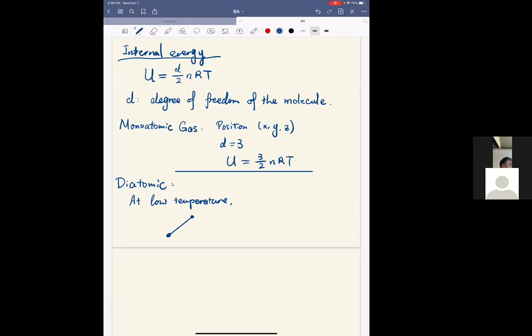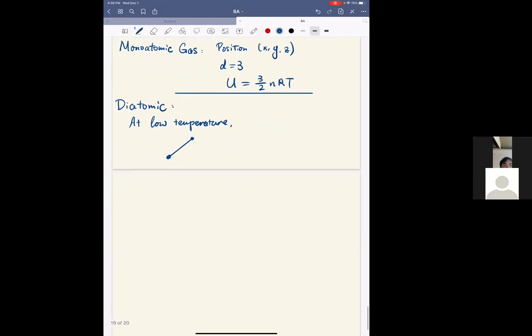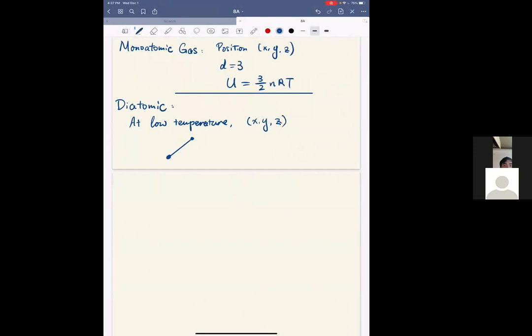And how do we specify the status of the rod? We know we can describe its center by x, y, z. And in addition, we need to describe the angle of that rod.